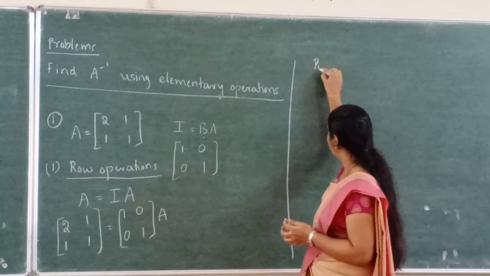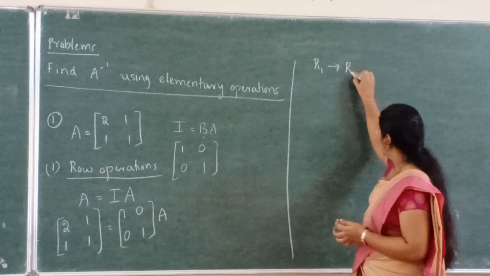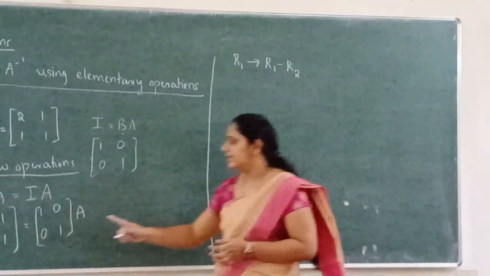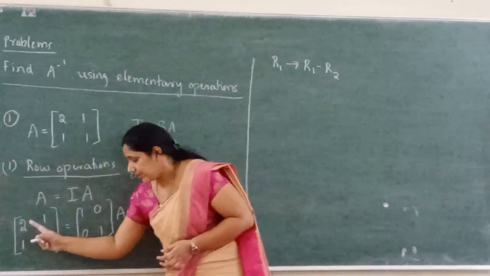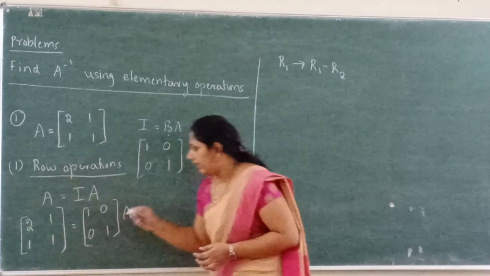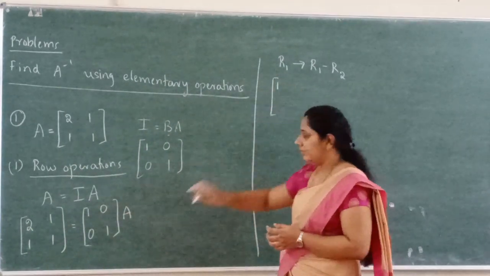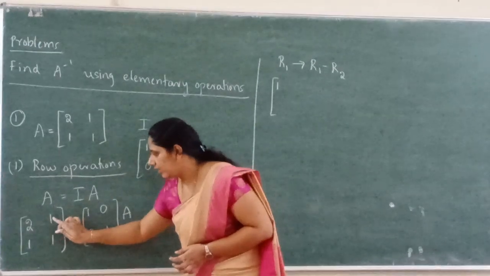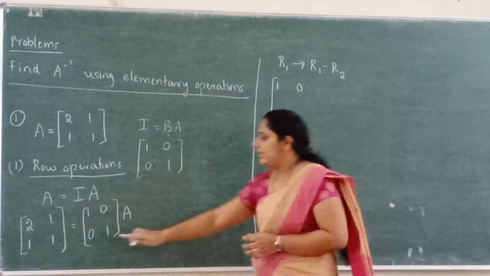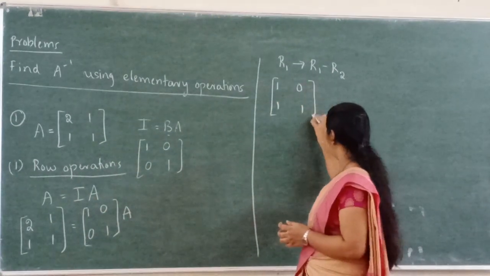So I can do the operation R1 minus R2, that is, subtract the second row from the first row. That is 2 minus 1, we will get 1. Next element 1 minus 1, we will get 0. The second row as it is, 1, 1.